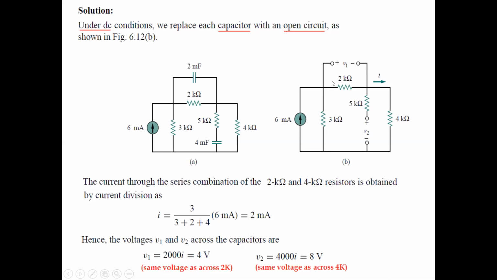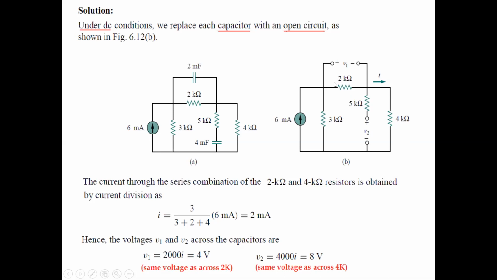if we are able to find the current through this 2 kilo ohm resistor, then we can find the voltage of this resistor by using Ohm's law, which is equal to IR. So we want to find the current through this resistor. This resistor is a part of this whole branch, and this whole branch is in parallel with the 3 kilo ohm resistor.